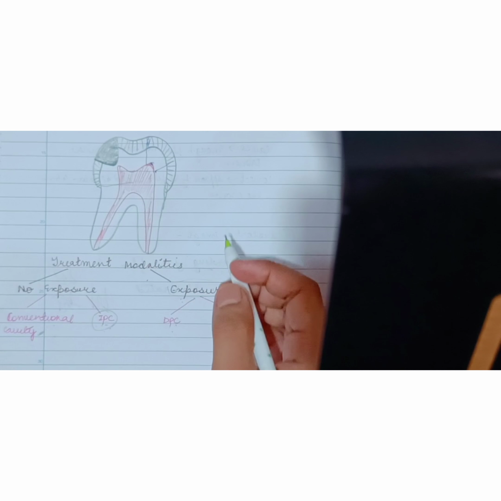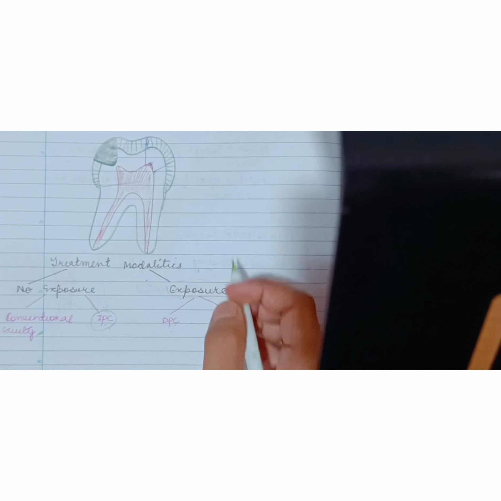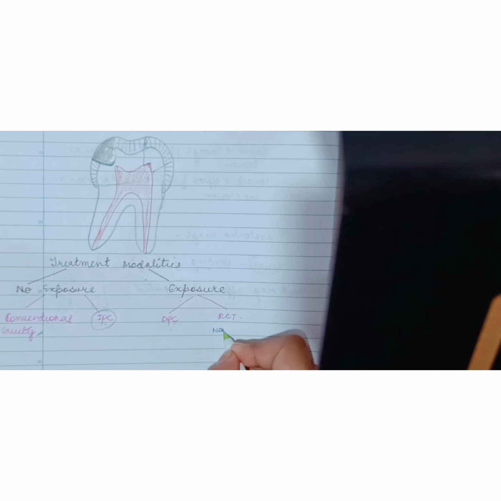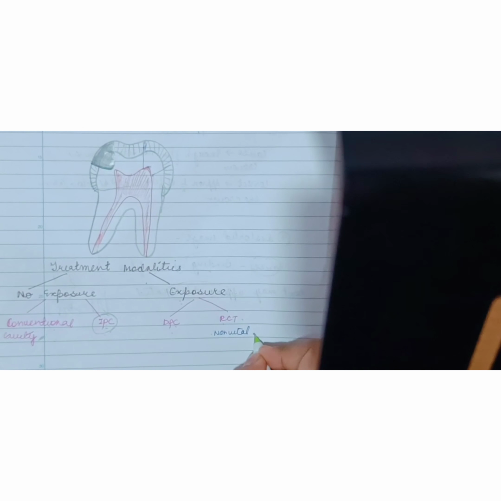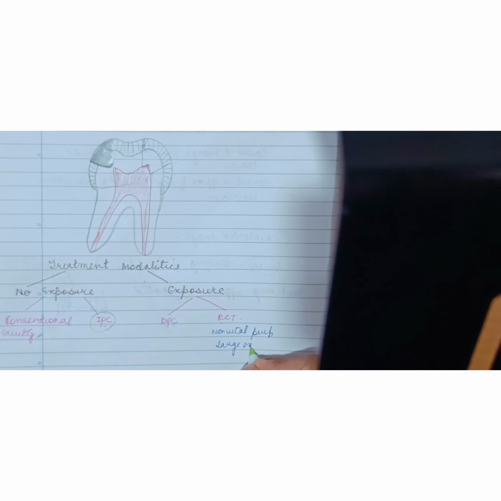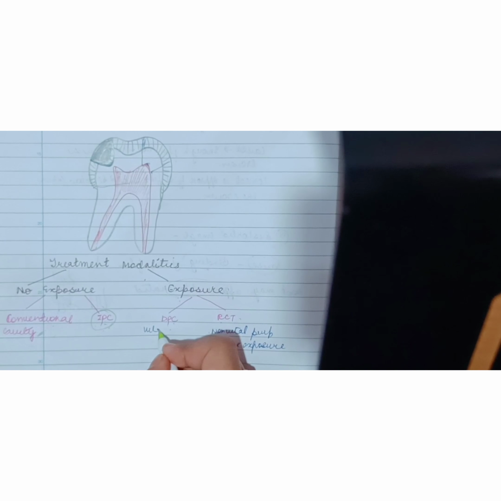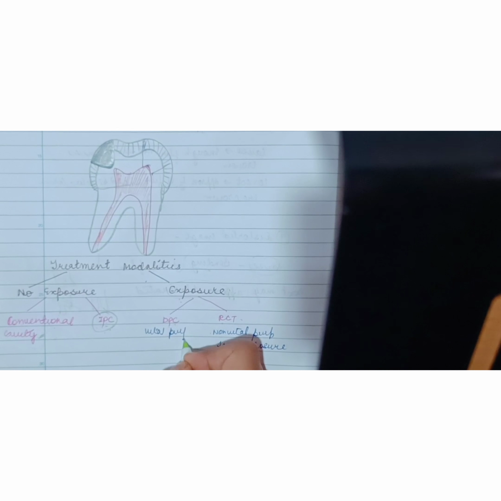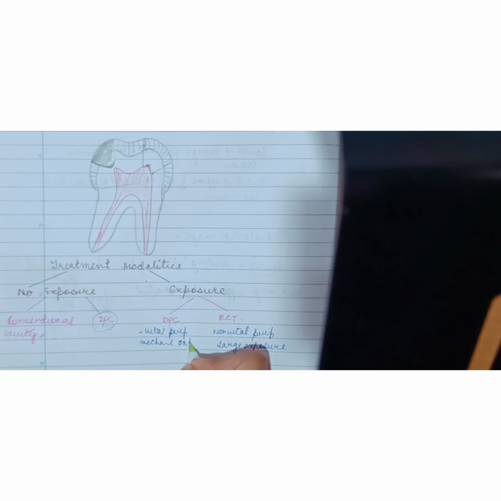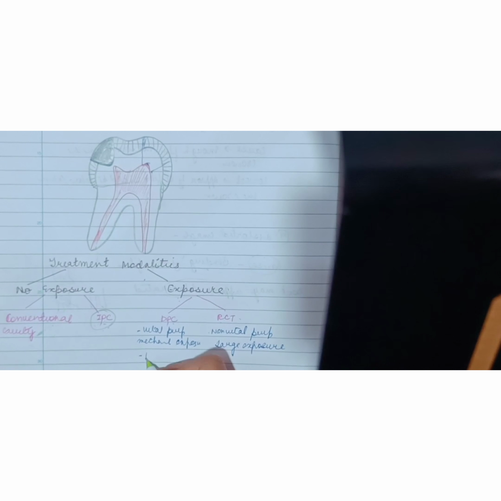Also, if the pulp is non-vital, we have to go for RCT. So when is RCT done? For a non-vital pulp and large exposure. And when is DPC done? For a vital pulp in cases of mechanical exposure and or pinpoint exposure.